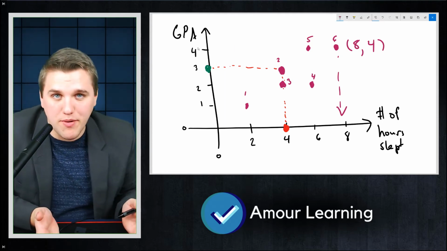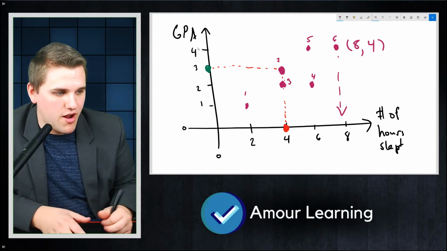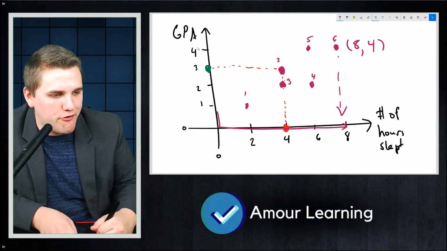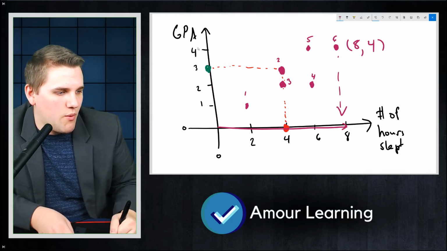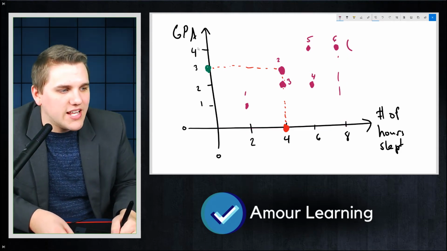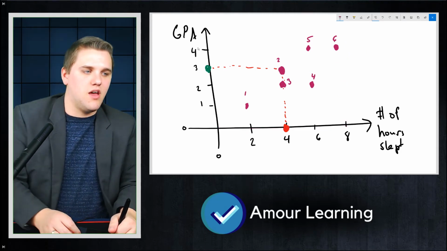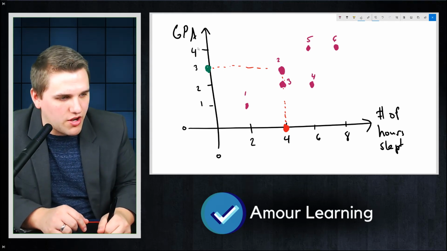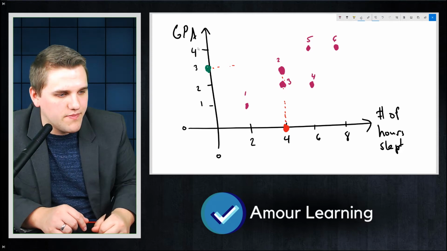So we could represent this point with 8, 4, meaning we go over 8 and then up 4. And we could represent that vector over here if we wanted to. And so that is how we can understand these points. And these points collectively create what is called a scatter plot.